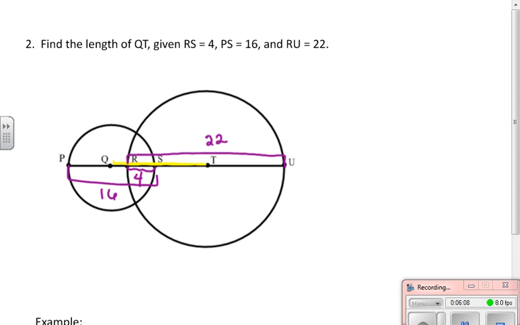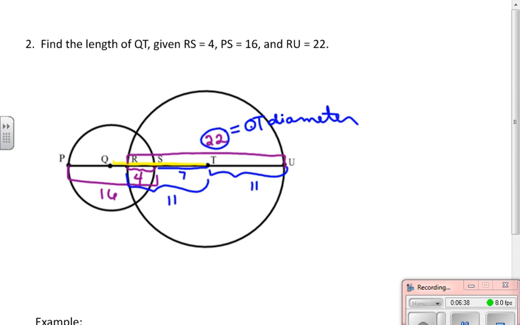The key to this is breaking apart these measurements and making sure we don't overlap at all. So I'm going to start first with this 22. That is the diameter of circle T, and so I know that that makes this piece 11, and it makes this whole piece 11. And if R to S is 4, then that means that S to T is 7.